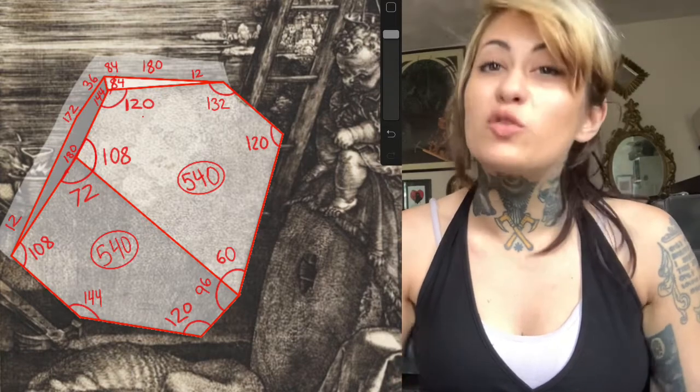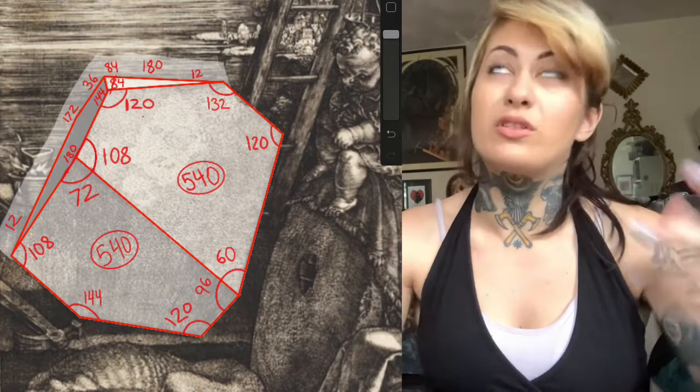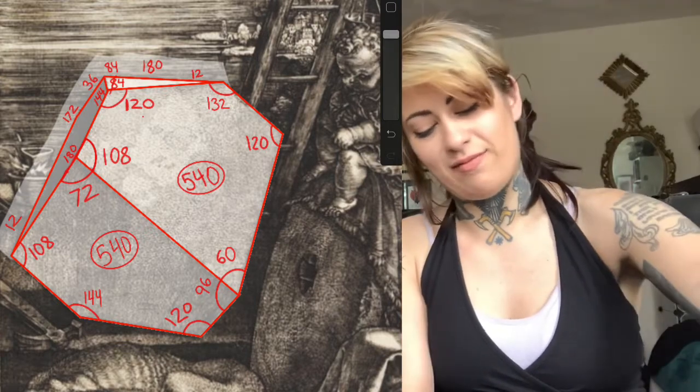This shape right here, I took a protractor myself and I measured all these angles, and they are all multiples of 12. And each side except the top, because the top is a triangle, the sum of all the angles of a triangle always equals 180. And we have these pentagons, and that will always equal 540. So we have 540, 540, 180, and 540.